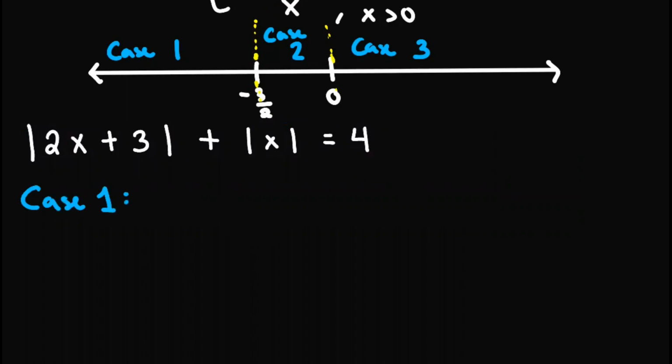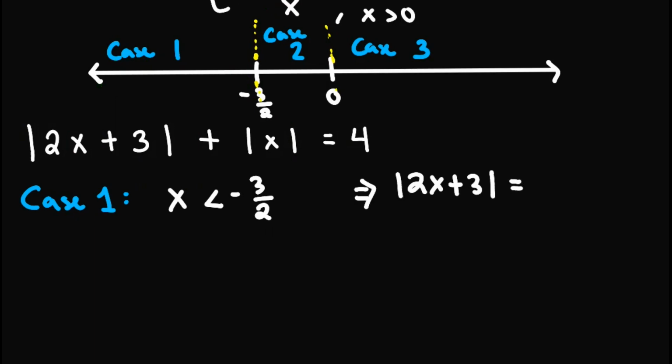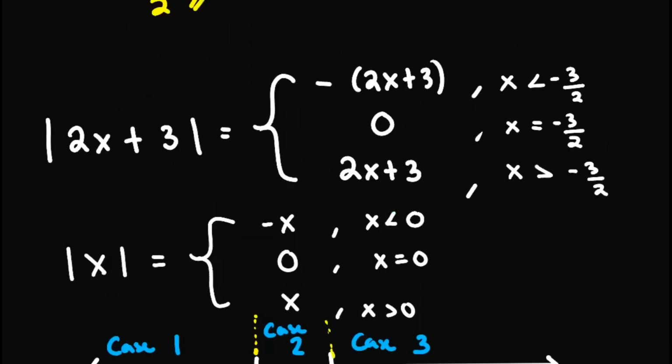we have x is less than negative 3 over 2. So it's over here, this region. So at x less than negative 3 over 2, note that 2x plus 3 will become this one.